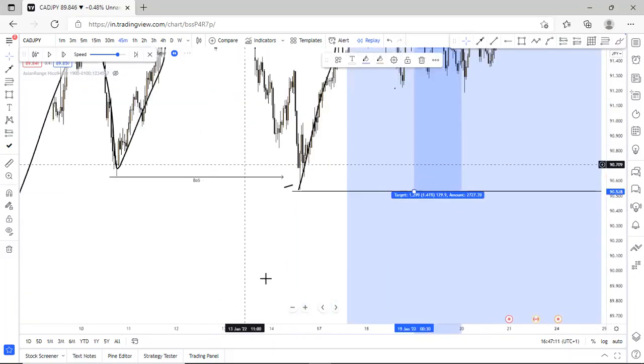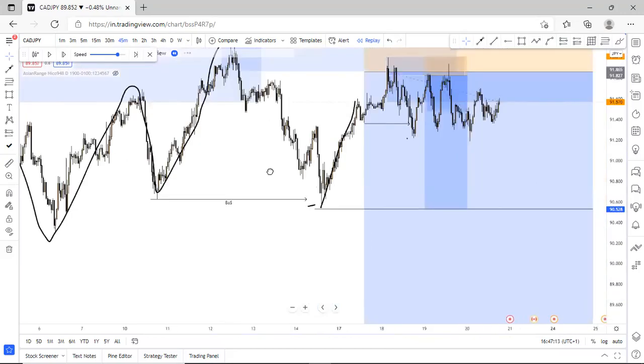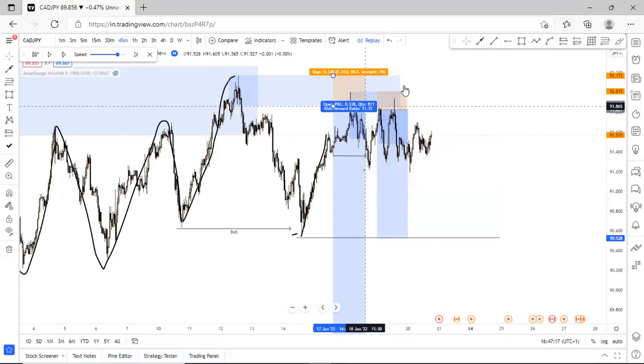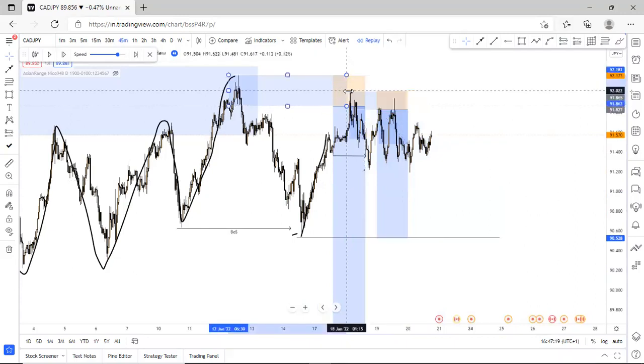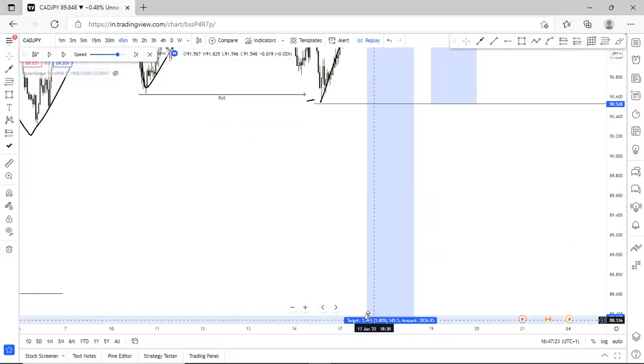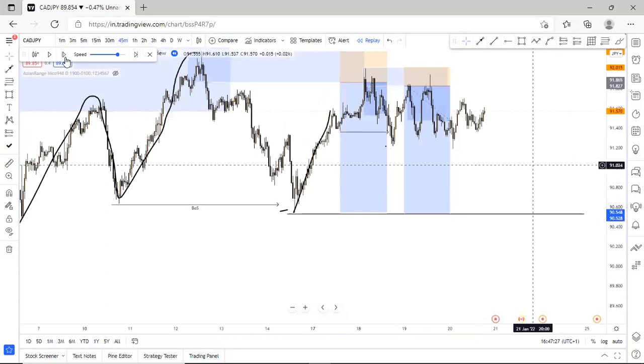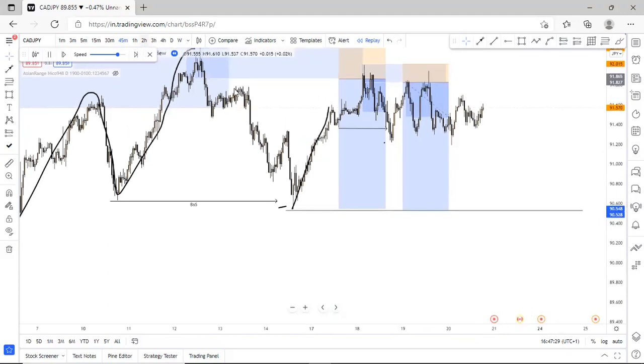Now we have two positions running on this trade just by understanding break of structure and retest. Okay, so now we have two entries right here, and let's have the market run.